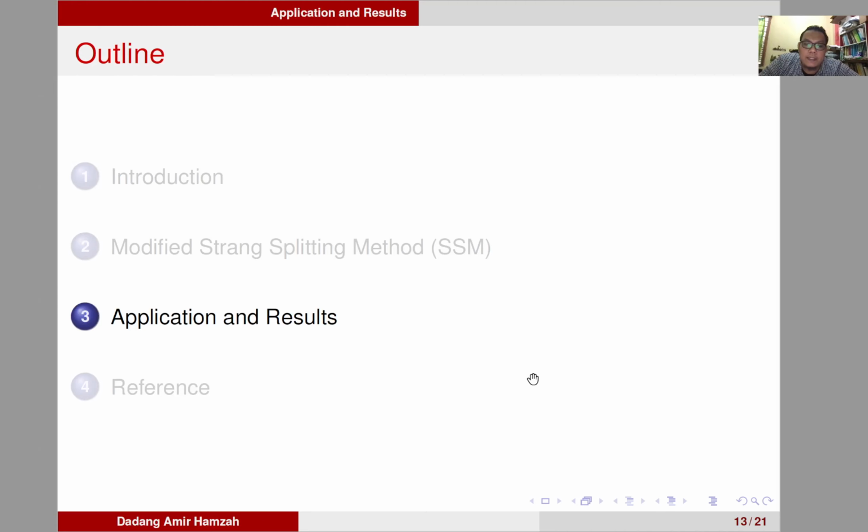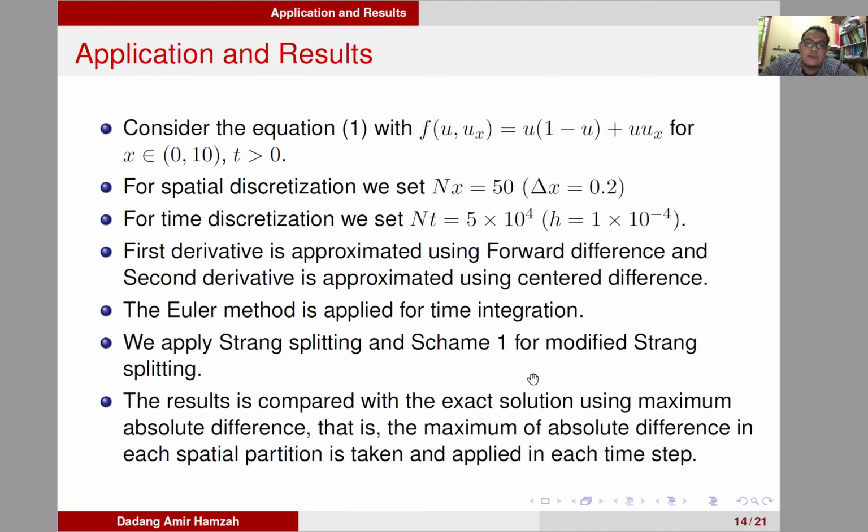Let's continue to application and result. Consider equation 1, with the following reaction term in the interval x from 0 until 10. We choose the spatial discretization Nx equal 50 with delta x 0.2, and for time discretization we set Nt equal 50,000, and the time step is 1 times 10 to the power minus 4.